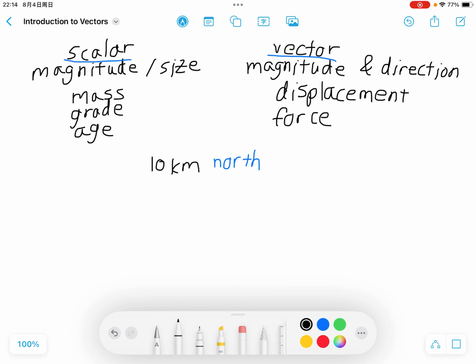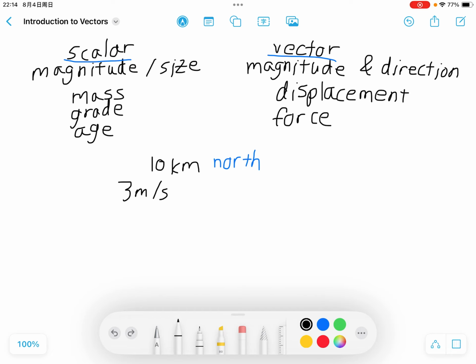And we also have, let's say, this person here walked at a speed of 3 meters per second. So is this a scalar or vector? This is actually a scalar because despite the meters per second, which may make it look complicated, like a vector, it doesn't have any direction.